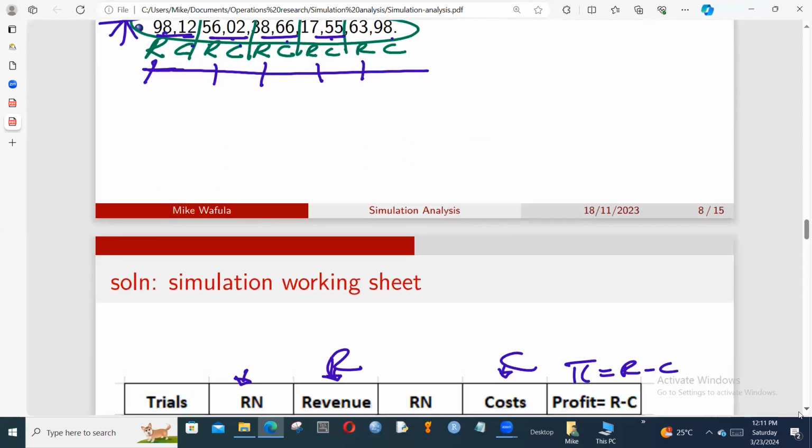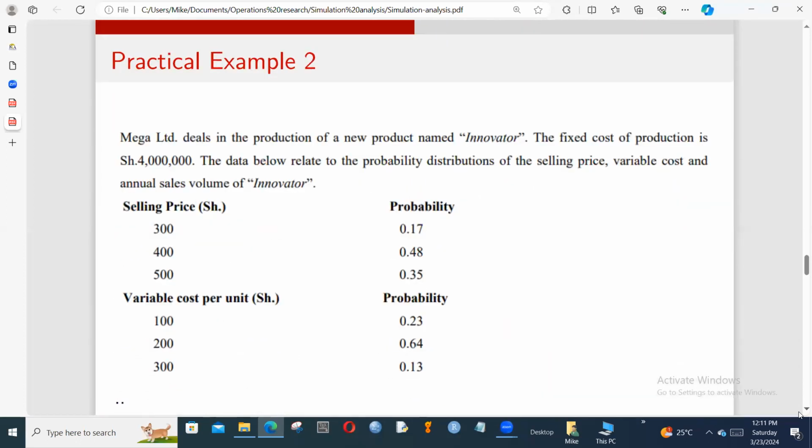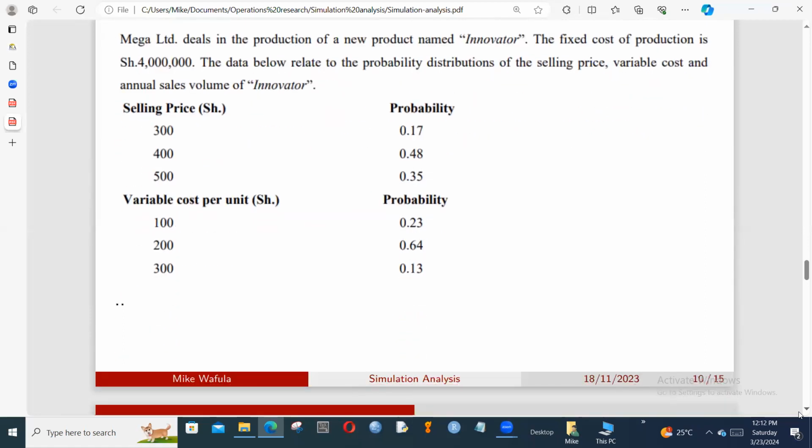I want us to look at another practical example where we are using simulation, particularly generating random numbers and trying to solve a question. So there's a company in the production of a new product, which they are calling Innovator.